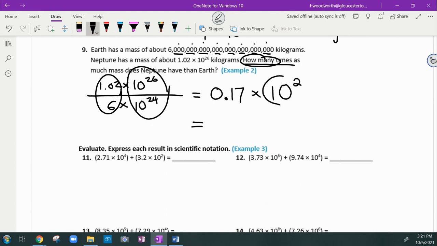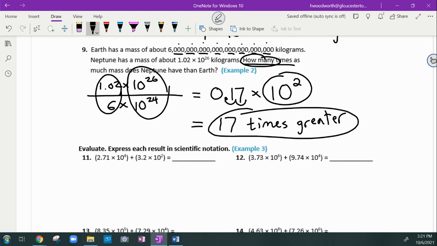If I multiply it by 10 twice, that would bump the decimal twice. So it's about 17 times greater. 17 times the amount of mass. So yeah, Neptune is about 17 times greater mass than Earth. There we have it. All right, let's pause this guy.